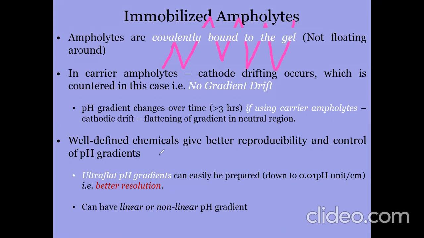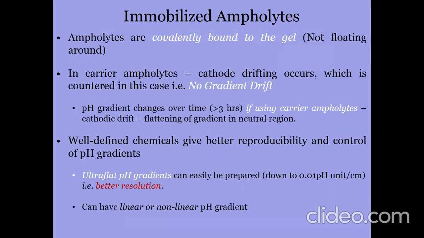But if the graph is like this, then this region will be an ultra-flat pH gradient. And here the protein can be resolved better in this region, and it can be a linear or non-linear pH gradient.